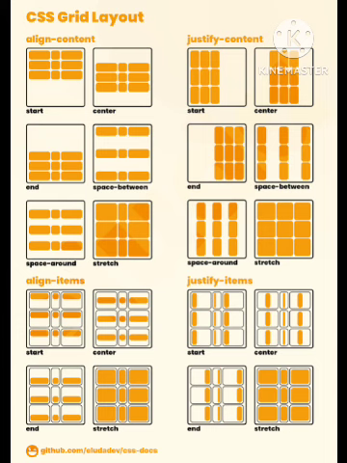Justify self works horizontally, align self works vertically. The properties in justify self are left, center, right, stretch. In align self, the properties are top, bottom, center and stretch again.